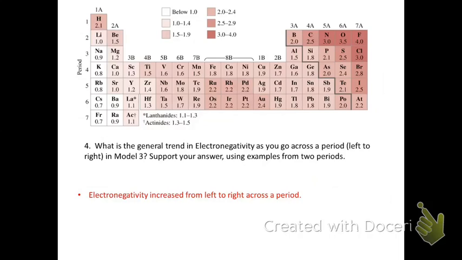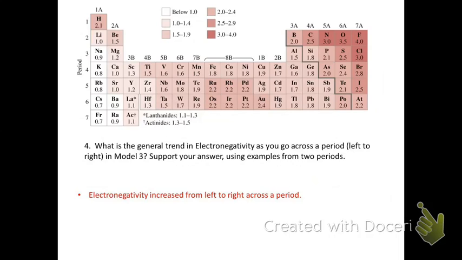Alright, so now let's look at the trend as we go across the periodic table. And it says, what is the general trend in electronegativity as you go across the periodic table left to right in Model 3? Support your answers using examples from 2 periods. Alright, so let's take a look at this.